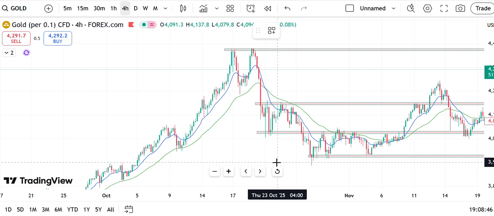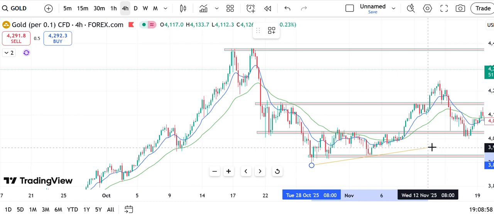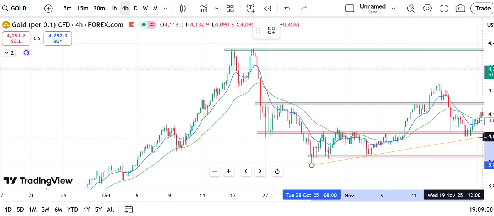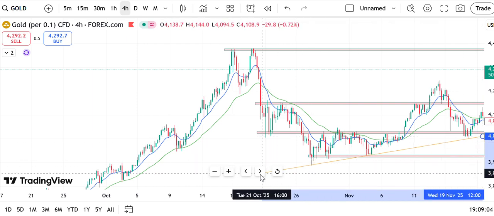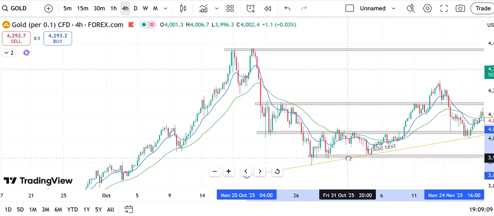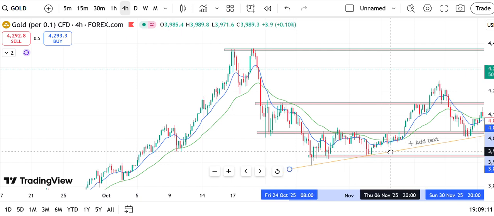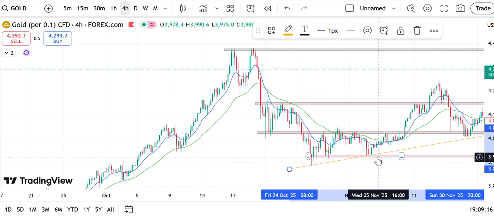When you are drawing a trend line, you look for two lows or two highs, and you join them. So I can identify a low here, another one here. As you can see, I join them, and I make sure that it touches here and touches here.